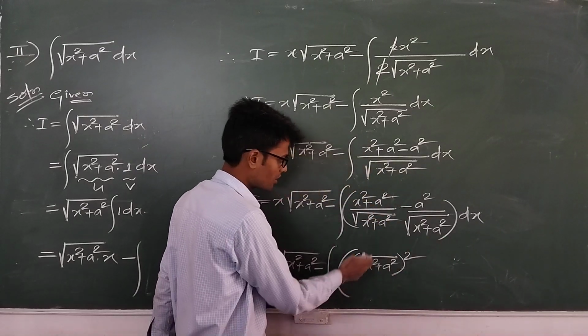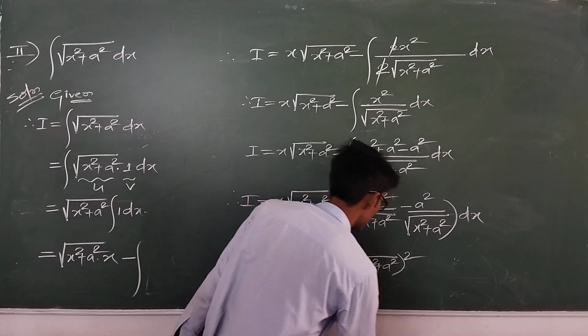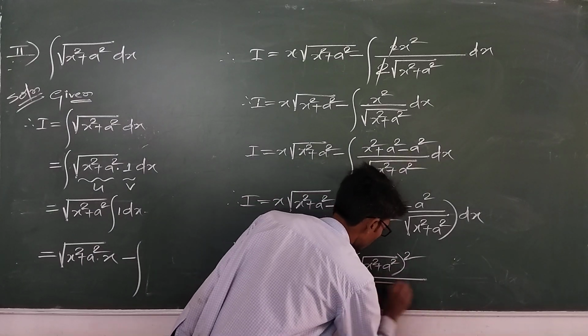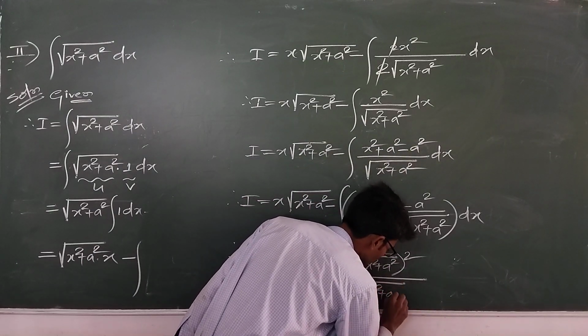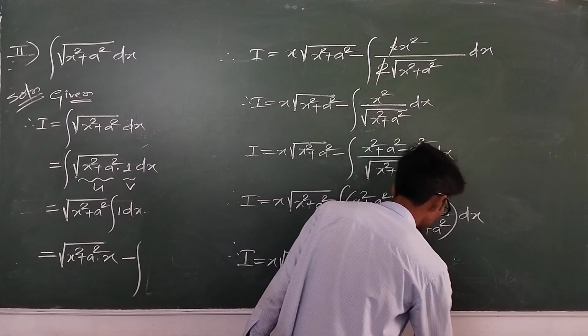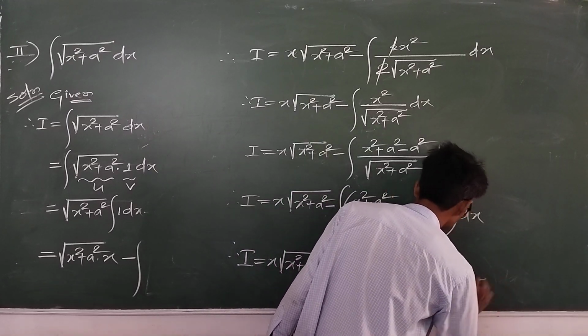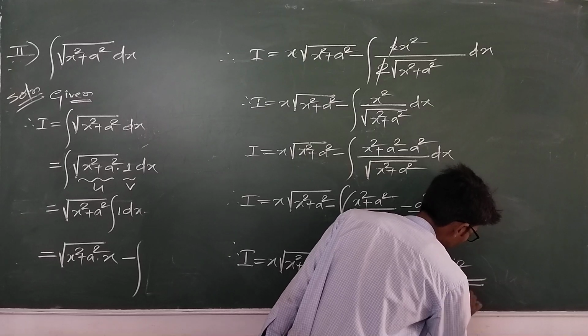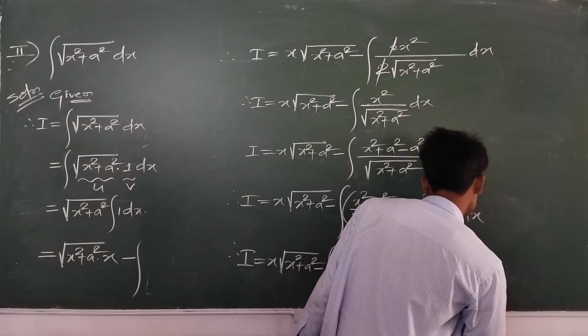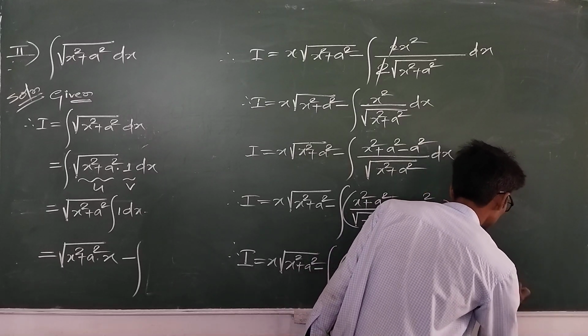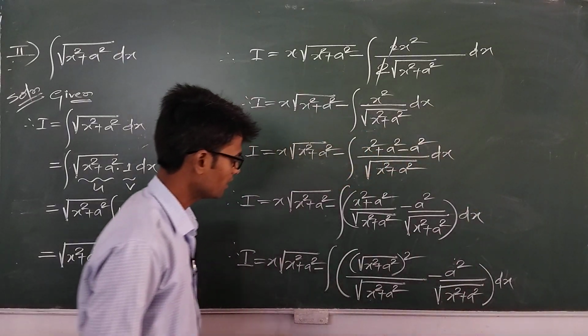If you simplify this, again you get x square plus a square divided by square root of x square plus a square, minus a square divided by square root of x square plus a square, bracket complete, into dx.